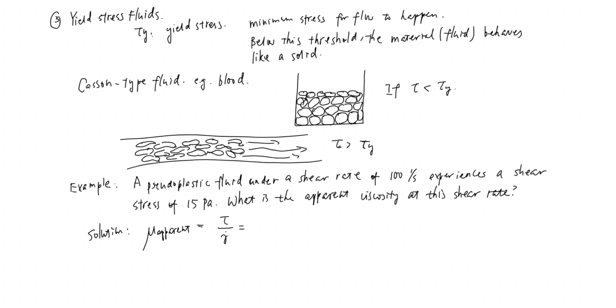You cannot use shear stress for a different shear rate, otherwise it doesn't work. Now for this problem, when the shear stress is 15 Pascal, we know that the shear rate is 100 per second. So it gives us an apparent viscosity of 0.15 Pascal second.